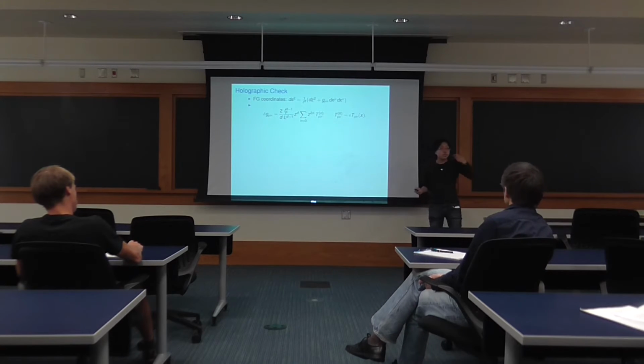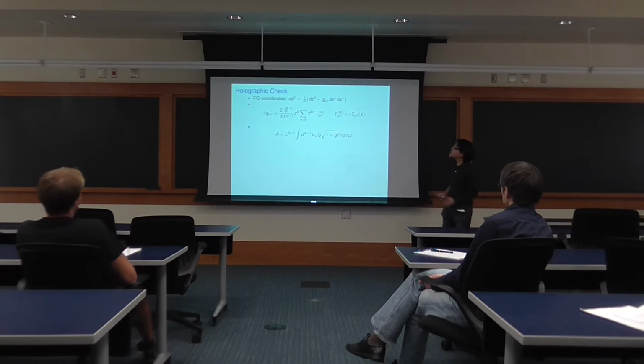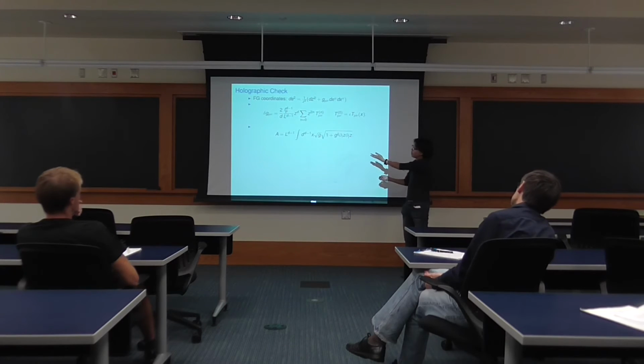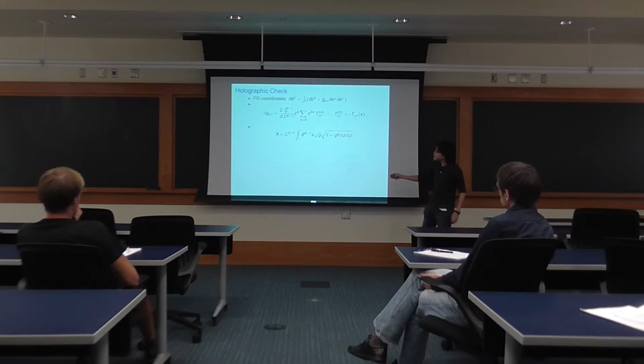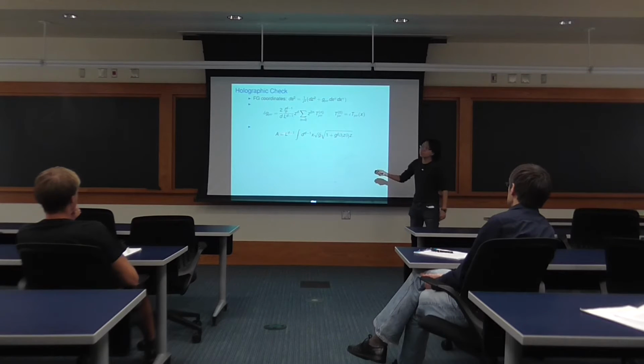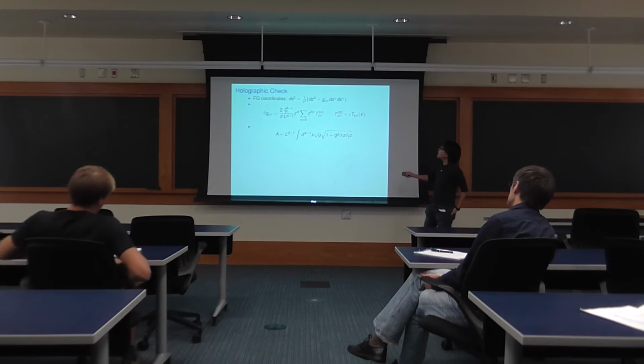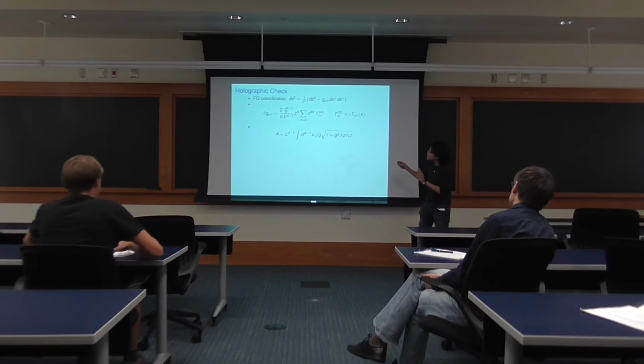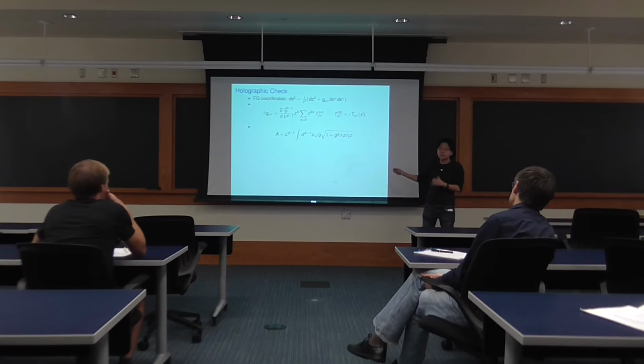Then we would like to compute the change in the entanglement entropy, and the change in the entanglement entropy is the change of the area of the minimal surface. So in a suitable gauge, the minimal surface looks like this, and these z's are solutions to the equations of motion that you obtain from minimizing A. What it tells us is that, at least up to linear order in epsilon, we don't have to worry about changing the profile of the minimal surface.